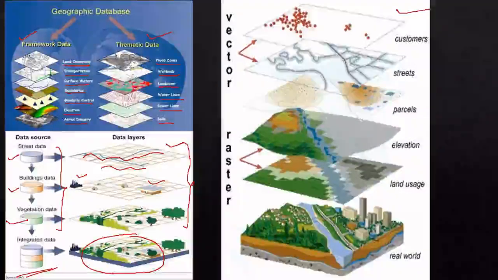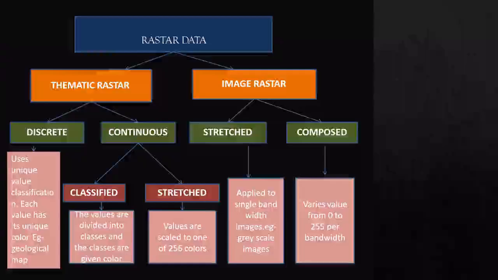So each point depending upon the coordinates, you have to mark the vector data. So raster data consists of a number of cells. And each cell gives you a particular information. Okay. So the examples of vector data and raster data.